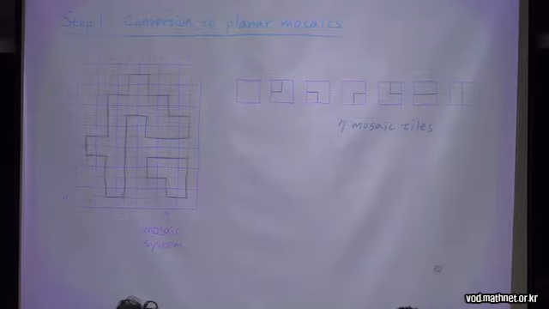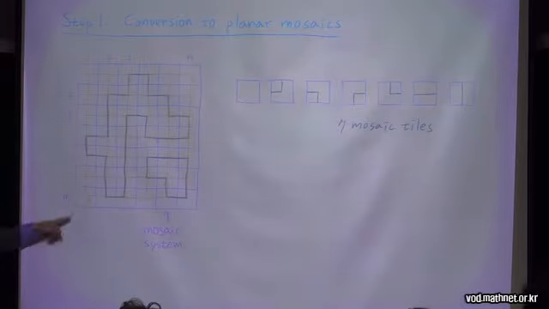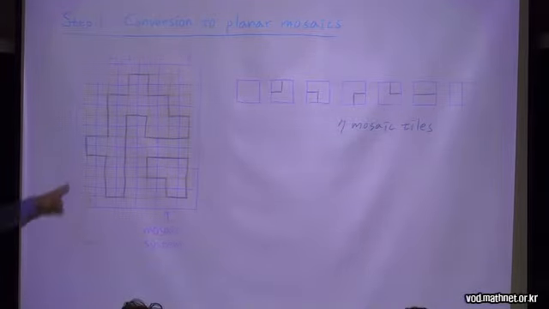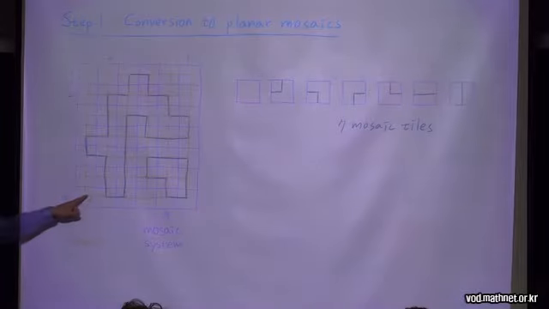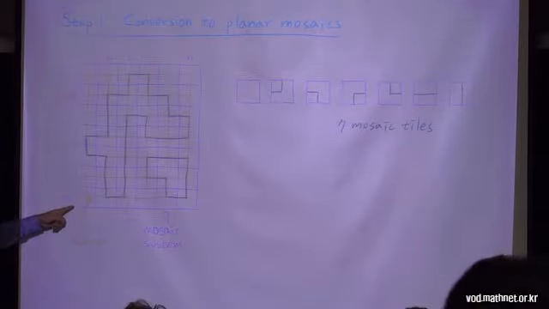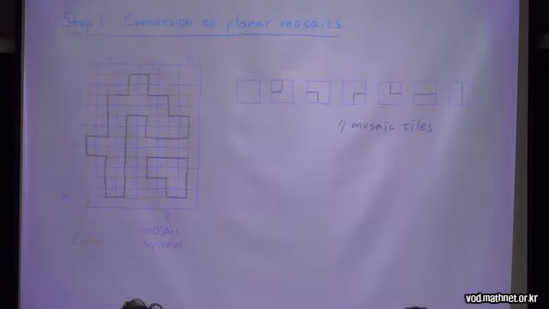So the first step is very simple. The yellow one is a rectangular lattice, right? There are multiple polygons inside the lattice. But if you think about the pink one, that's the mosaic system.